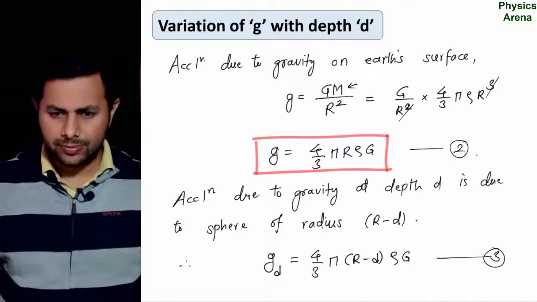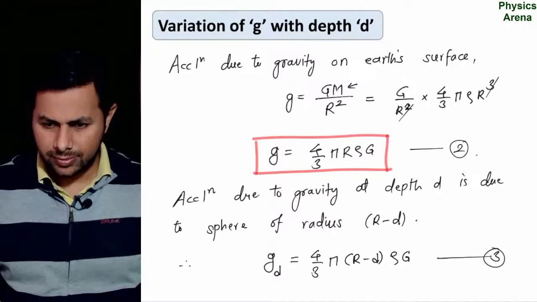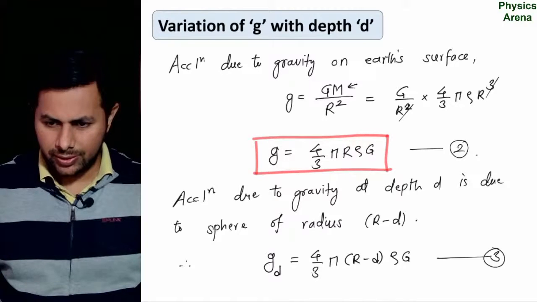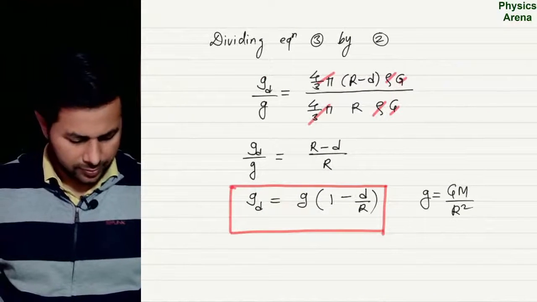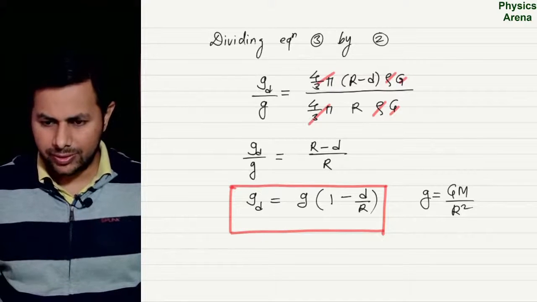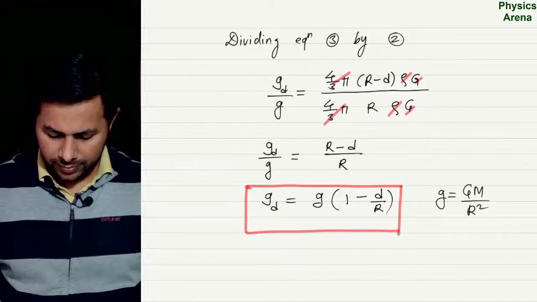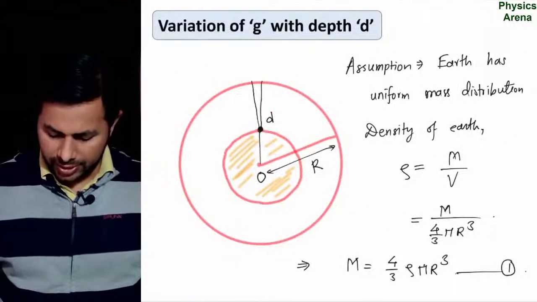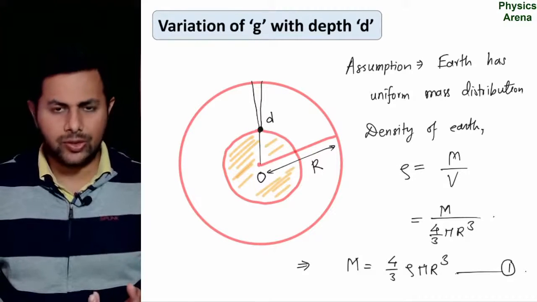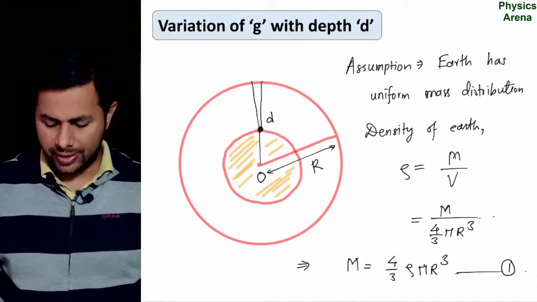Is that clear, Geeta? Okay, it is this formula. See, I considered the density of Earth is its mass upon volume. So m divided by 4 by 3 pi r cube.